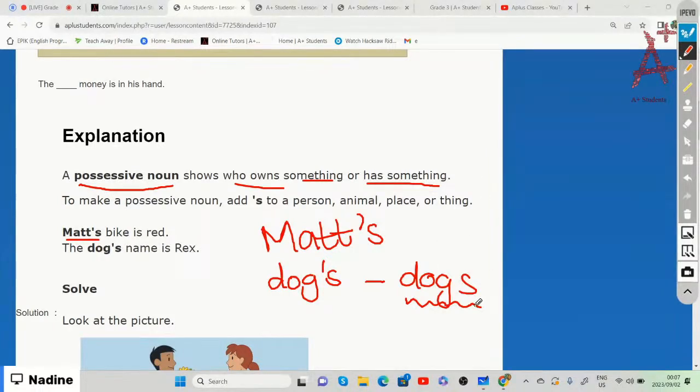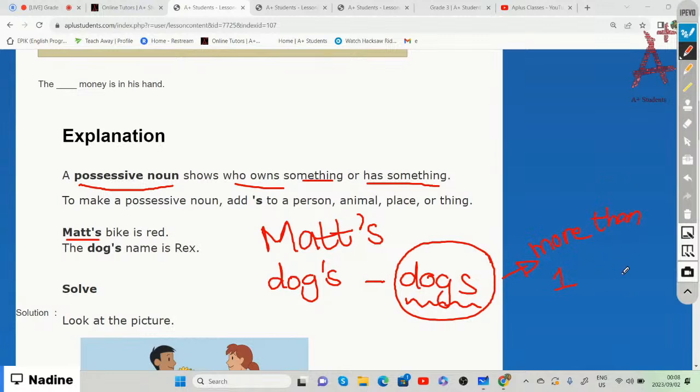Without the apostrophe, it means plural form, more than one dog, either two dogs, three dogs, five dogs.